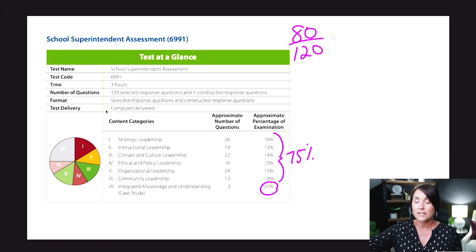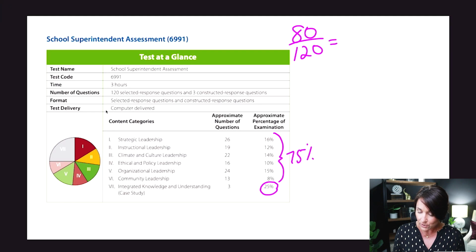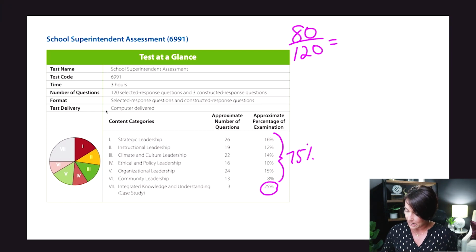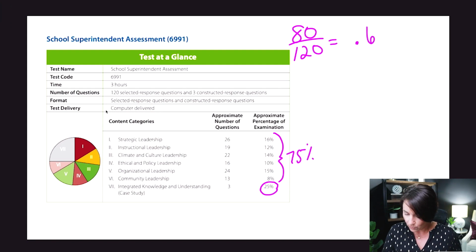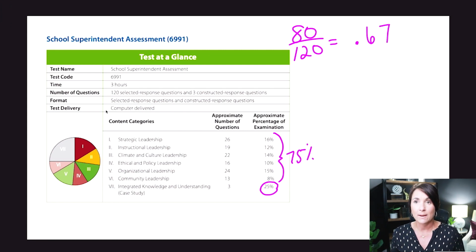You bought the practice test on the website, or you get a test prep book, and you get 80 out of 120 on the practice test, and you're trying to predict how you're going to do on test day. So what I do there is I take 80 divided by 120, and I get 0.67. I'm going to drop that decimal point.